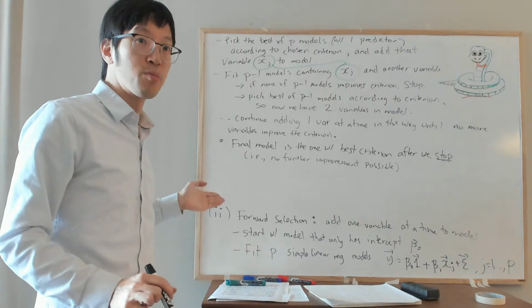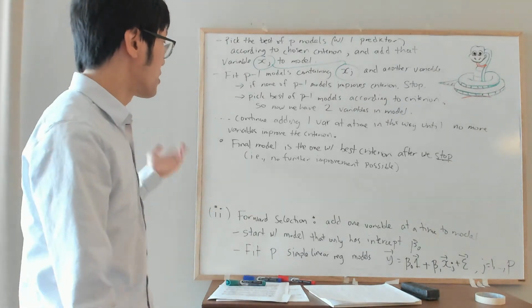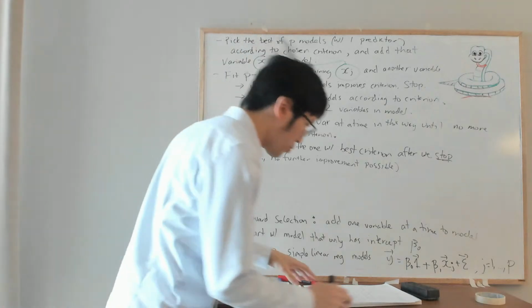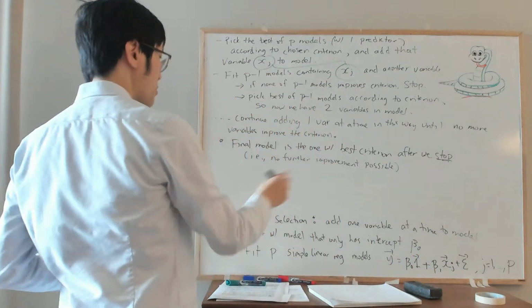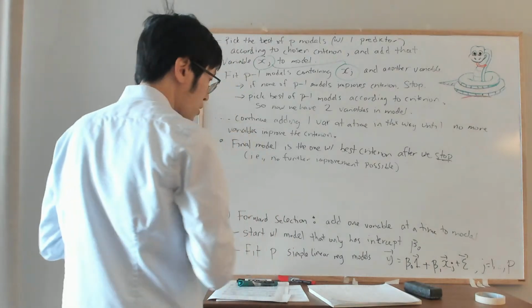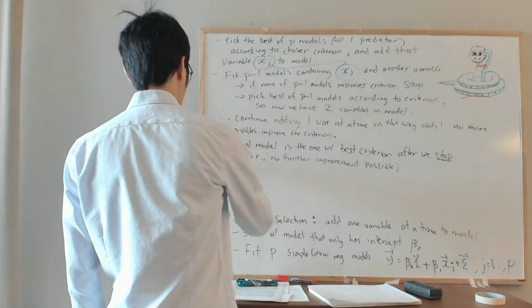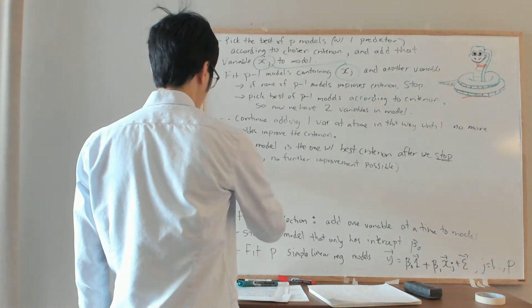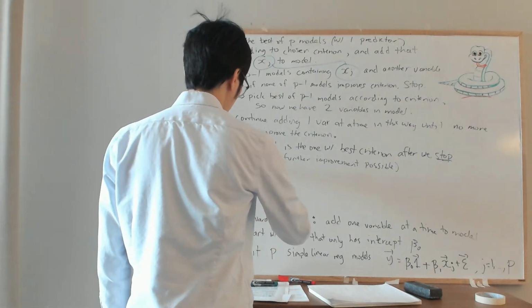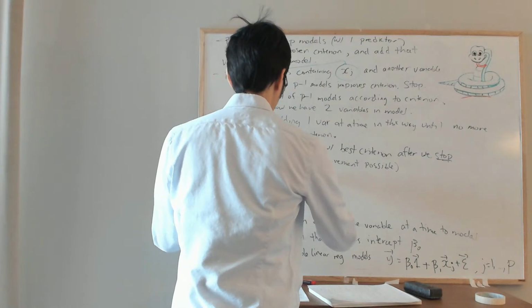And indeed, it has a much lower computational complexity than doing the all possible regressions approach. So let's just explain why that's the case. Note that this is faster, or actually much faster than all possible regressions.